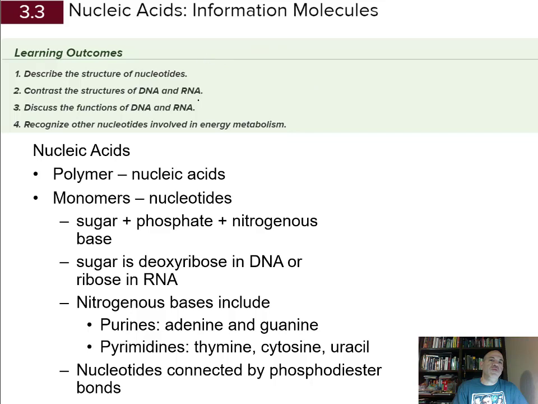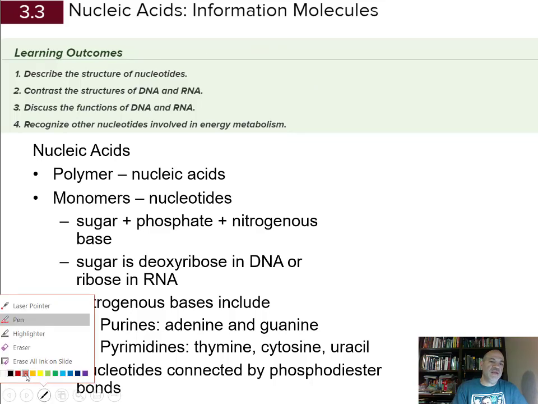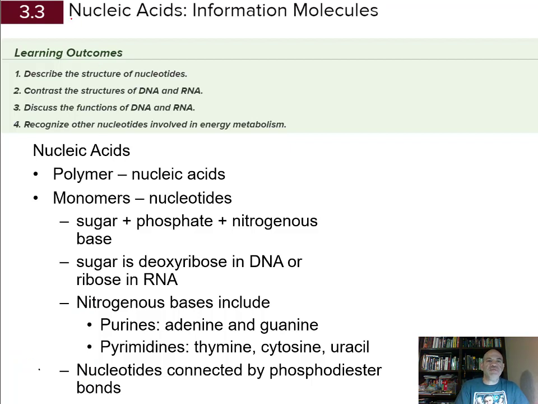In section 3, we're going to be covering nucleic acids, and the name is derived from the fact that these molecules originate or are located in the nucleus, and they're associated with storing genetic information. So thinking about DNA, the NA stands for nucleic acid.